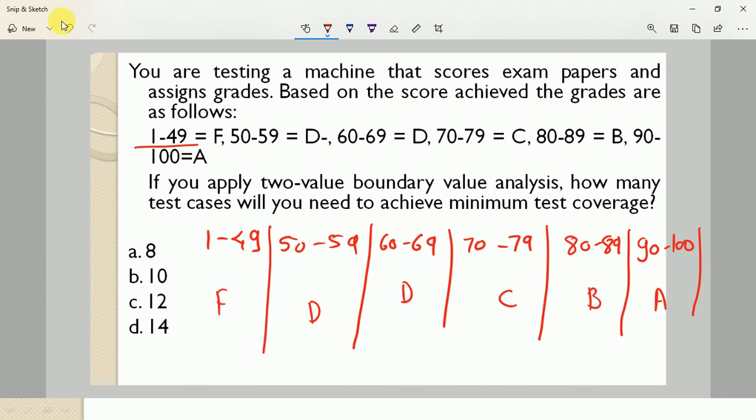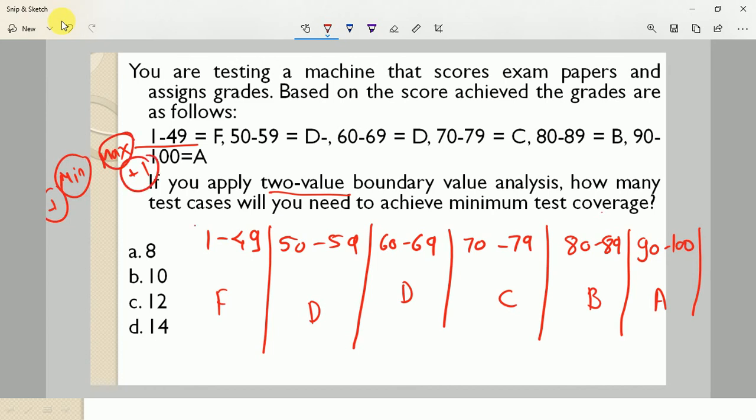So now what is the question? If you apply two value boundary value analysis, how many test cases will you need to achieve minimum test coverage? So what is the formula for two value? Already we have seen, if you have min and if you have max, then min -1 and max +1. This is what the two value boundary analysis you need to capture.